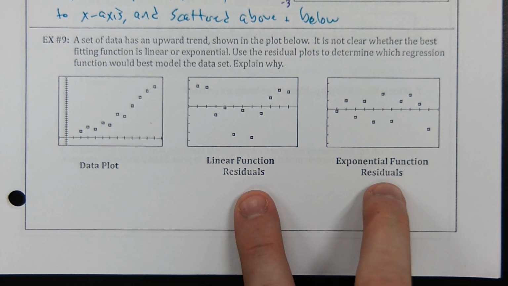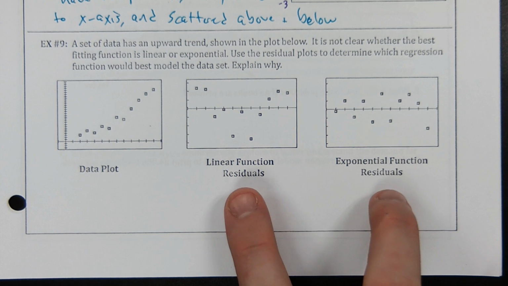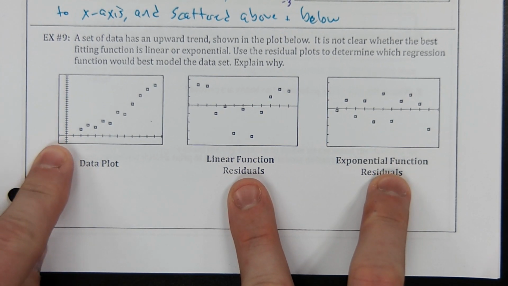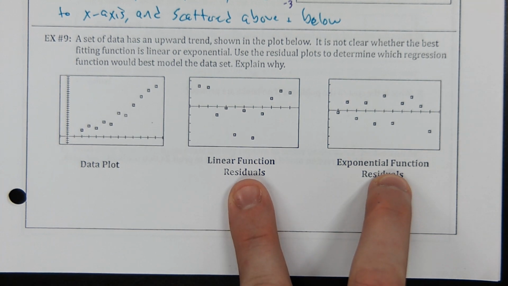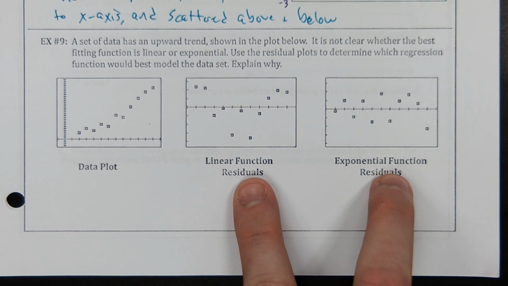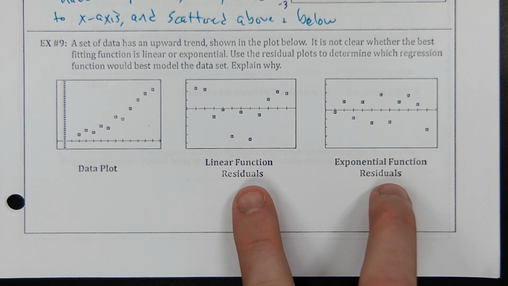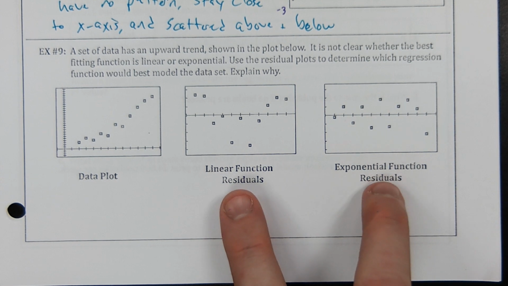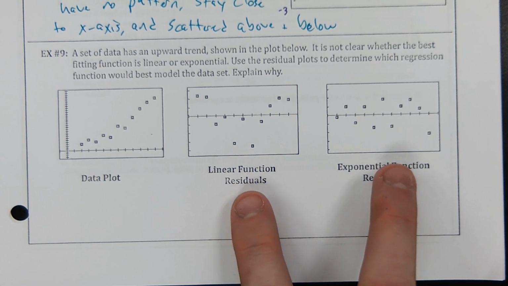These are the residual plots. Based on these two residual plots of this data, which regression model would you say fits better? Based on the residuals, which one would you say fits better?